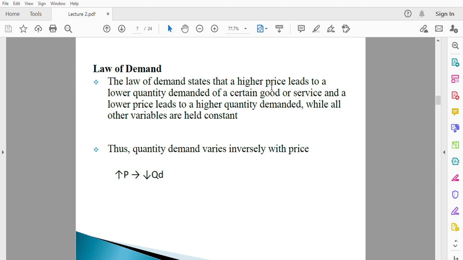As price increases, quantity demanded decreases, and as price decreases, quantity demanded increases, ceteris paribus, or holding all other factors that affect demand constant. So there's a negative relationship. When price increases, quantity demanded will decrease.